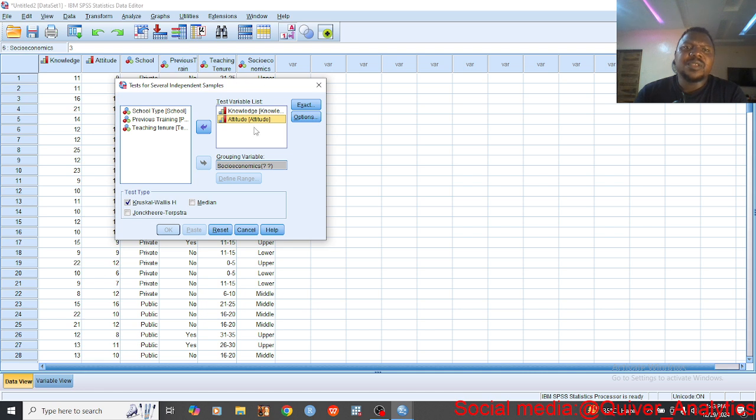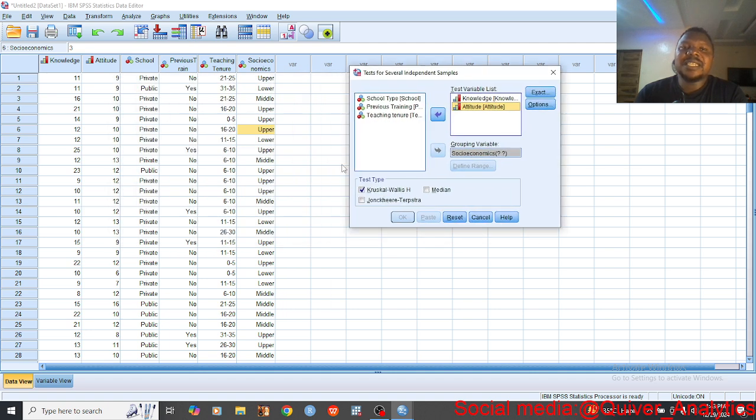So the hypothesis is that, just like the one-way ANOVA, is there a significant difference between the knowledge of the lower, middle, and upper class people in the society?